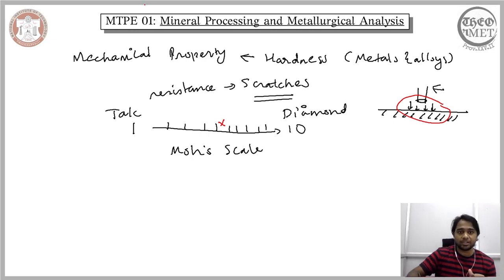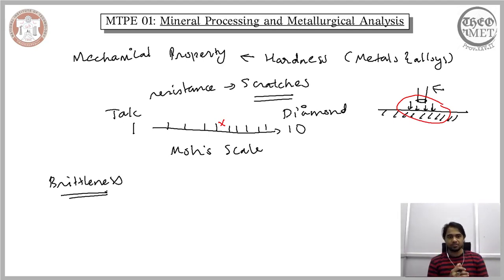One such mechanical property is brittleness. Again, this term is also used in our regular conversation. We know that glass is brittle, meaning it breaks fairly easily. That is what it means in this context as well. Essentially what we understand by a mineral being brittle is that this mineral easily breaks.